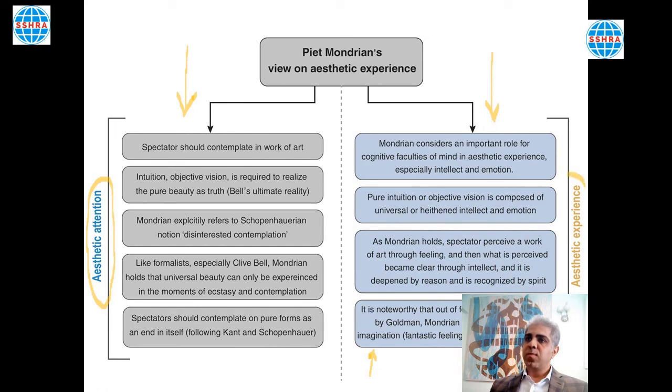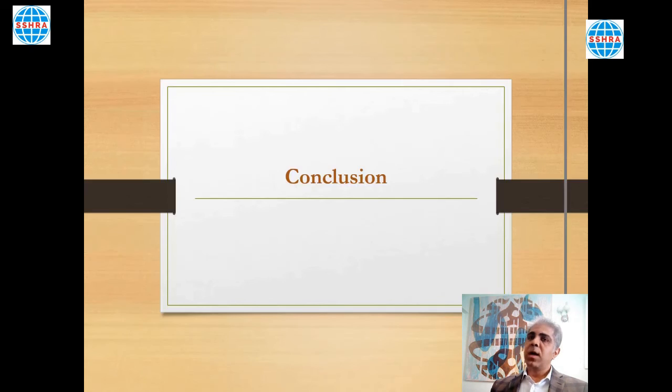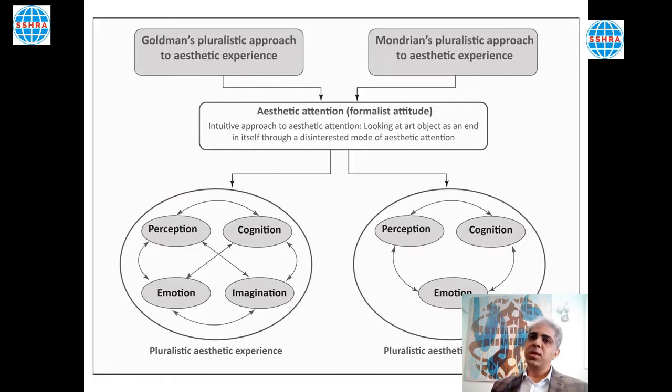So we find that Piet, like the recent argument of Goldman, considers a pluralistic approach to aesthetic experience. Okay. Here's my conclusion. I just illustrated it to make it easier to understand. As you can see, both Goldman's pluralistic approach and Piet's pluralistic approach are pluralistic, and both say that the aesthetic attention, not aesthetic experience, is intuitive.